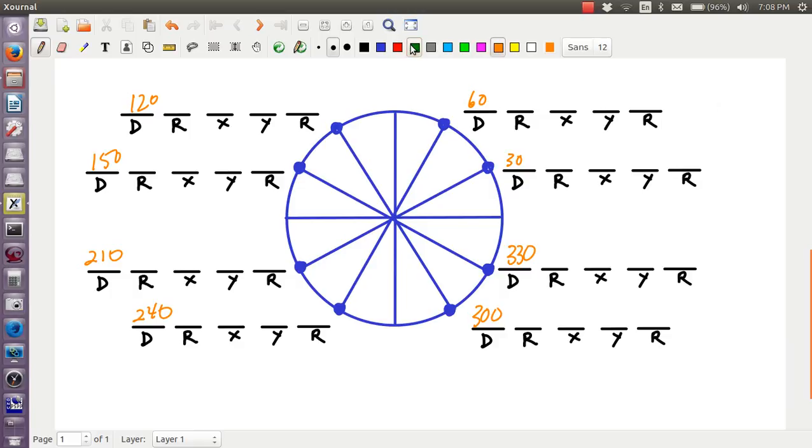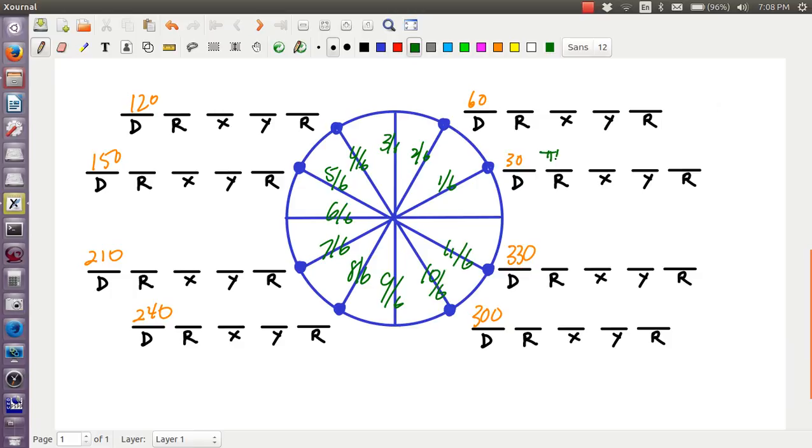And the same trick we used to do fractions with the radians up above, we use here. So this is the pi, and 1, 2, 3, 4, 5, 6. So this is pi over 6, but let's not worry about the pi's. 1 over 6, 2 over 6, 3 over 6, and so on up to 11 over 6.